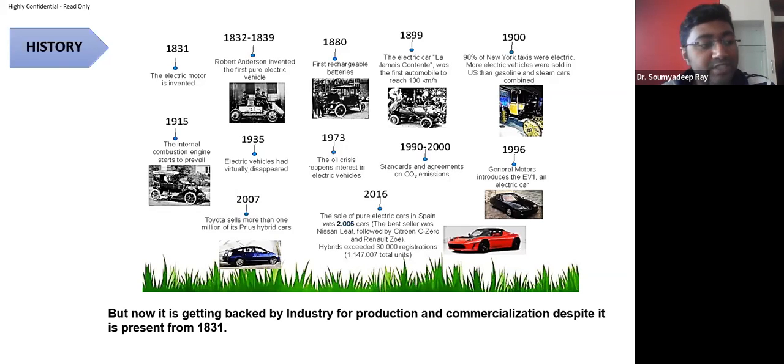What happened in between? One is fossil fuel: nowadays petrol and diesel prices are being hiked by the government for obvious reasons, and it will be much larger in the upcoming years. It is one of the challenges everybody has to encounter. So this is one of the agendas from where the electric vehicle comes into the picture. But what happens to the science?